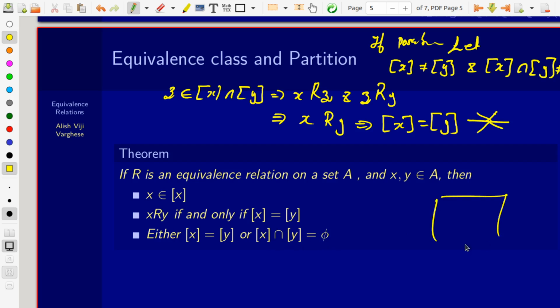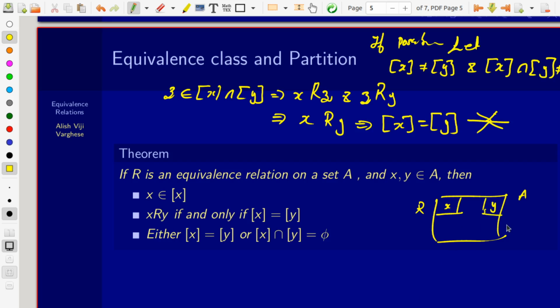When we take a non-empty set A and define an equivalence relation R on the set, that relation generates a number of equivalence classes. If x is an element, there is an equivalence class formed by x. If you take another element y from the set A, then y will form an equivalence class of y.